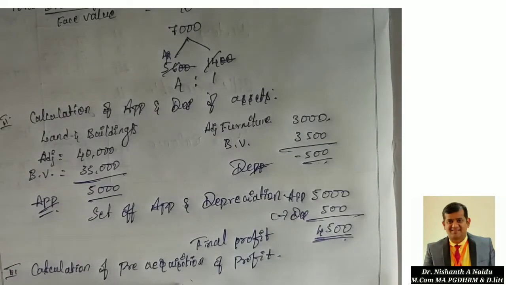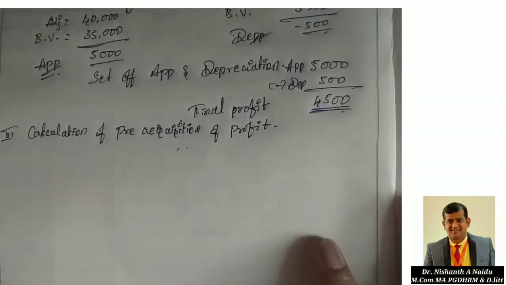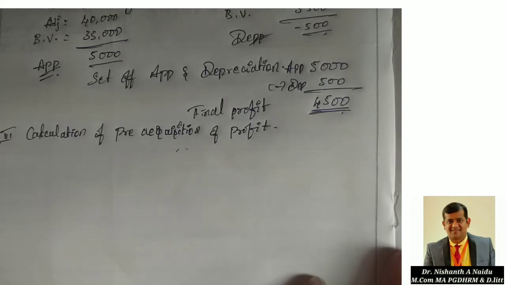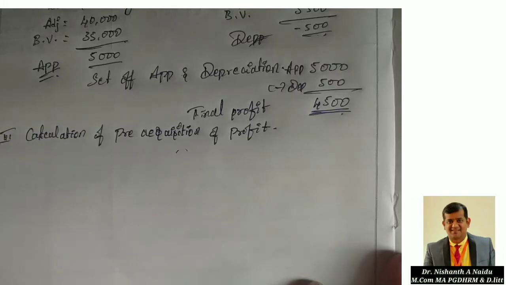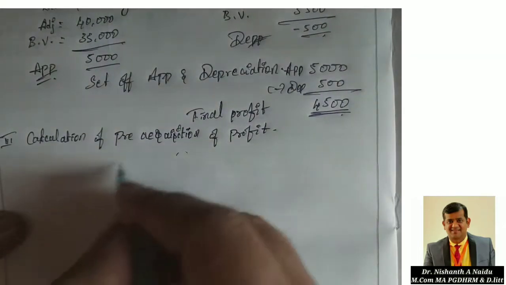So how much have they given in the adjustment, just check out. So adjustment number 4, if you look at it, on the date of purchase of 5,600 shares in Q Company Limited by P Company Limited, Q Limited had a general reserve of rupees 7,000 and profit of rupees 5,600. So pre-acquisition profit how much?